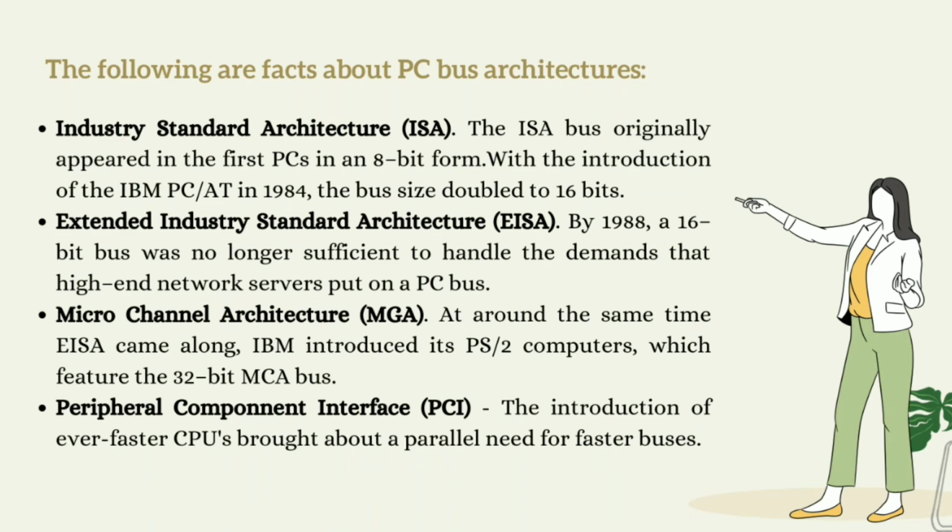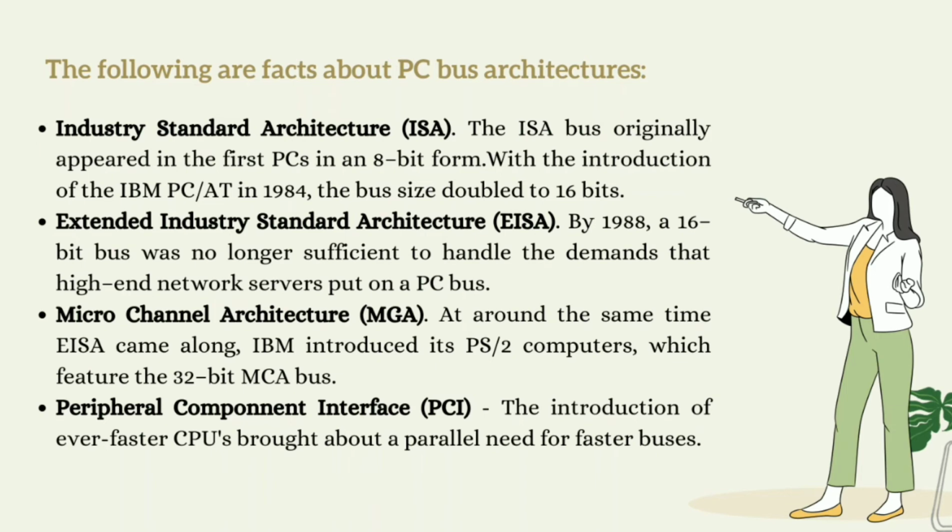The bus size doubled to 16 bits. Even so, the top end of the rated bus speed for ISA remains leisurely by today's standards: 10 MHz, the same speed as the blazingly fast 80286 processor had when it was introduced in 1982.